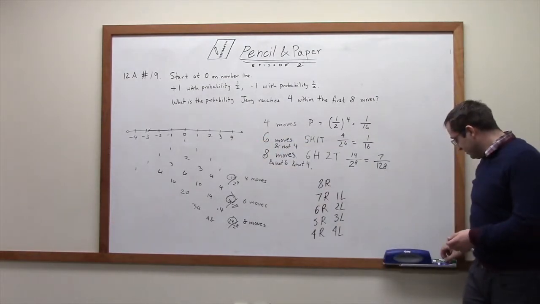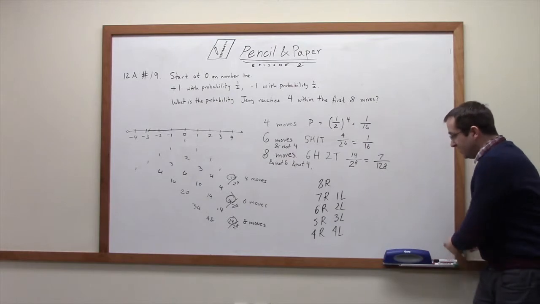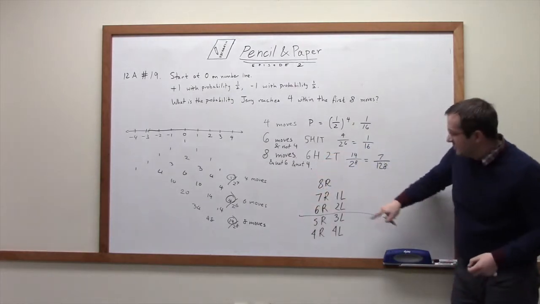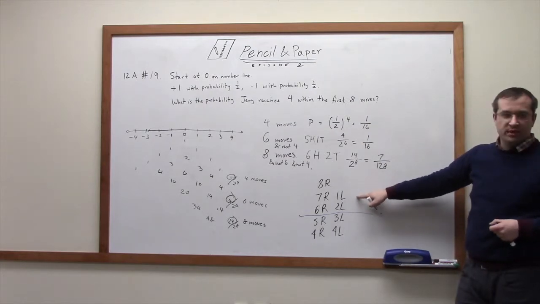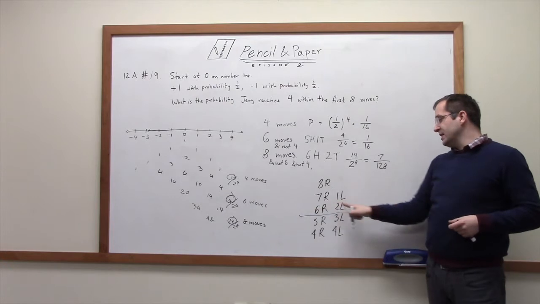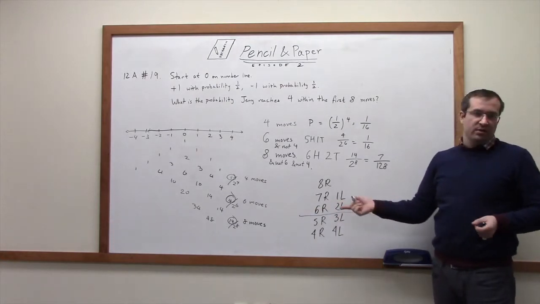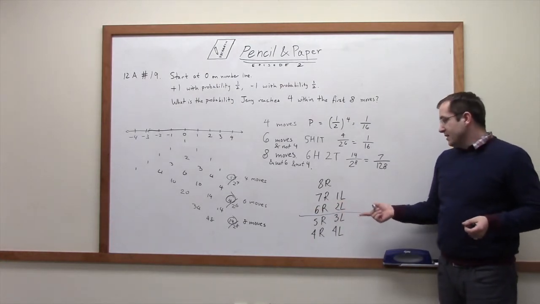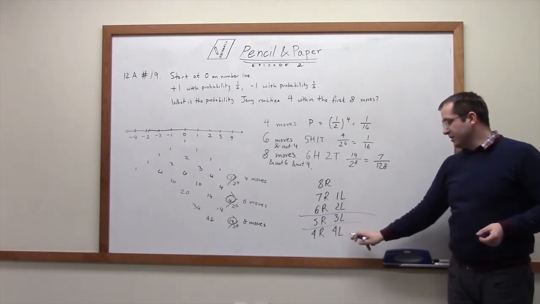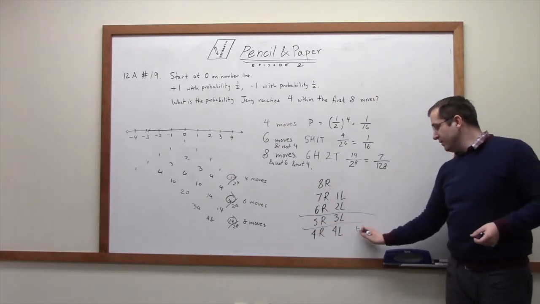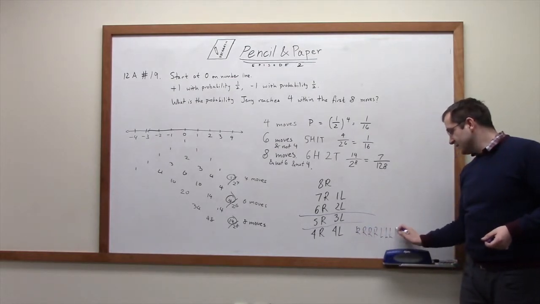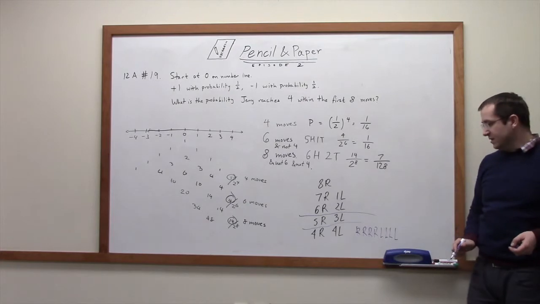Now, the interesting observation is that in all these top 3 cases, I always reach the point 4. Because if I move 6 times to the right, 2 times to the left, I will always get to 4. And in the bottom case, 4 to the right, 4 to the left, I can reach 4 only if my first 4 moves are to the right and the next 4 are to the left, right?